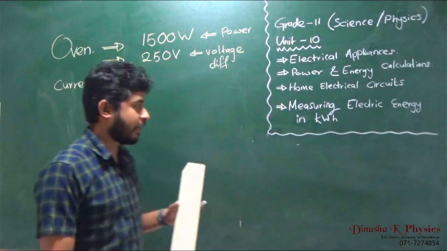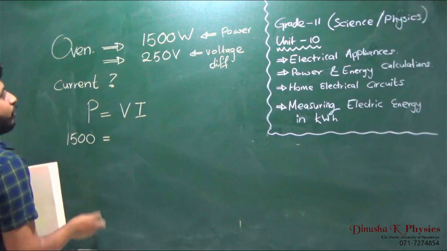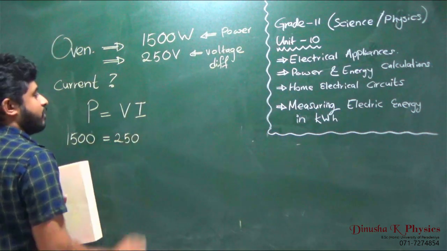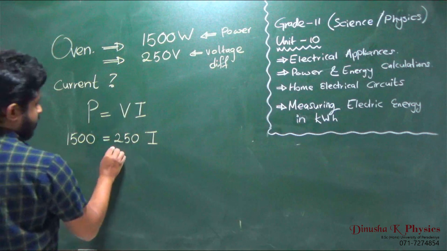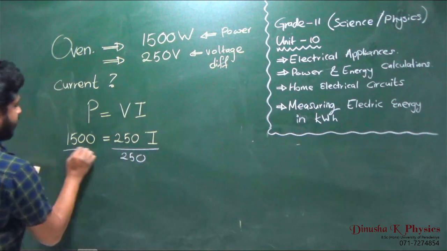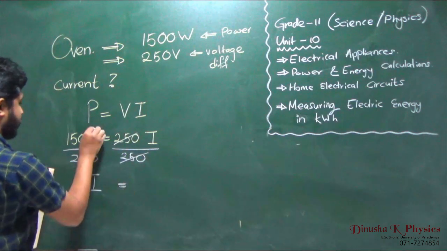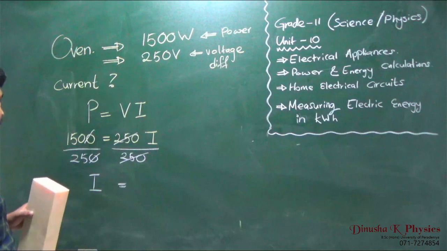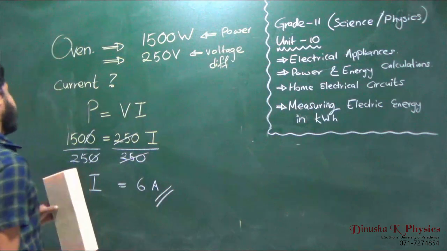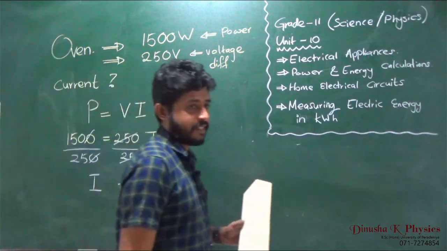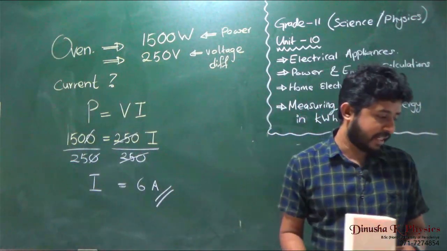Power is 1500, voltage difference is 250, and I we don't know. So what do we do? Divide both sides by 250 and make I the subject. So I will be equal to 150 divided by 25, that will be 6 amperes. Sorry, 150 divided by 25 will be 6. Quite easy, isn't it?